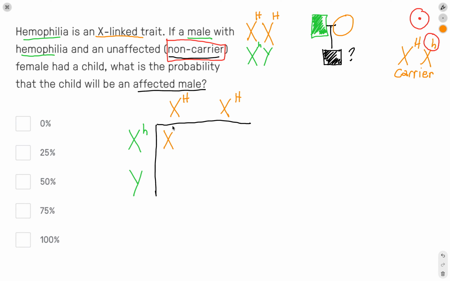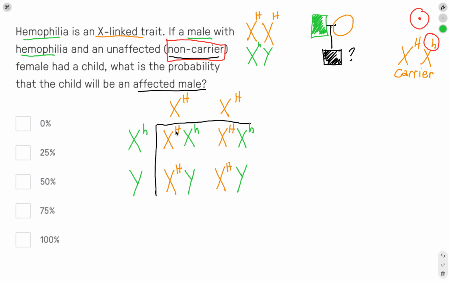Well, she will give the child the X with the dominant H, and again the X with the dominant H, right? That came from the mother. What about the father? What does the father give? The father will give here the X with a recessive h, and here the Y chromosome.